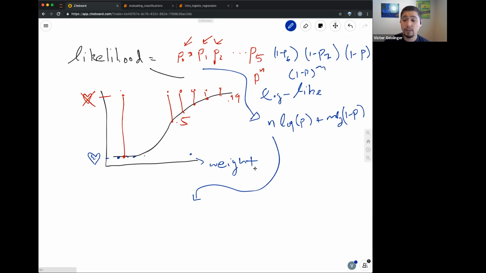But if we do this, we simply get n times log of p, minus, or say plus, m times the log of 1 minus p.